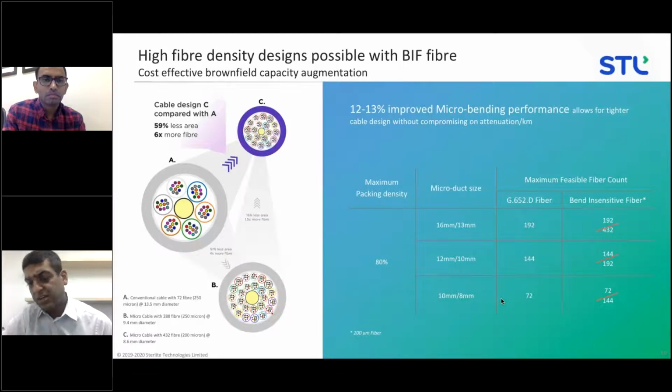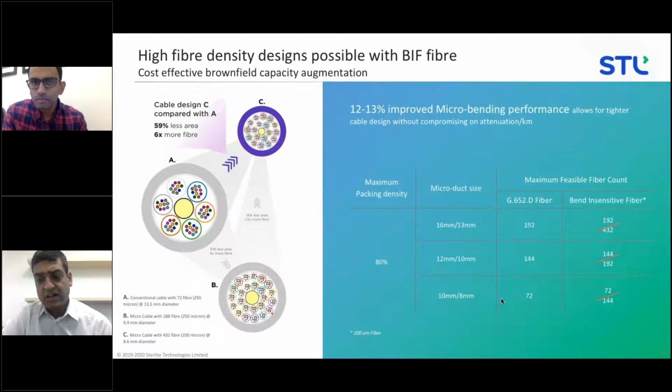Now, what you see in the table on the right is what happens at a particular microduct size. When we deploy these cables, either by blowing or pulling through a microduct of, say, 16 millimeter OD, 13 millimeter ID, if you want to pack in as much fiber as we can into this, we basically can put in about 192 fibers in a loose tube.